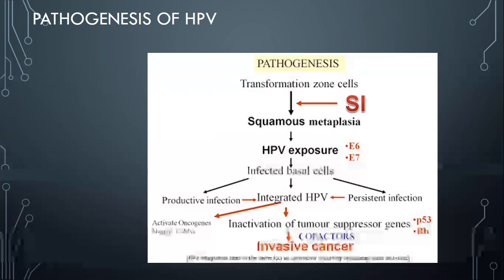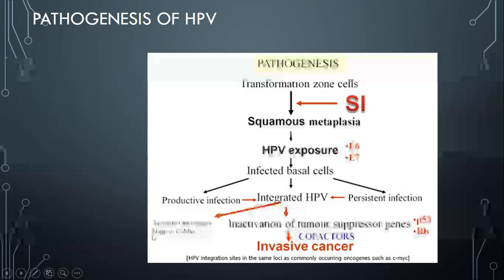Now, these cause the cells to keep regenerating, and after a while, the P53 and the RB proteins will be suppressed and broken down, and then that's what causes the invasive cancer right here. And then these proteins deal with transcription, and that also causes the unregulated rate of cell division.